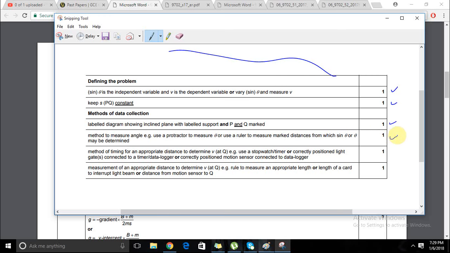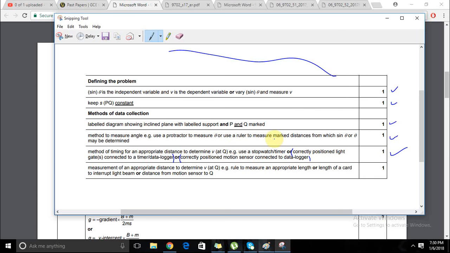And method of timing for an appropriate distance to determine v. Example, use a stopwatch, timer, or correctly positioned light gate connected to a timer or data logger, or correctly positioned motion sensor connected to data logger. This is what we said, right? So the simpler option of simply using a timer and observing the distance may actually work to an extent.